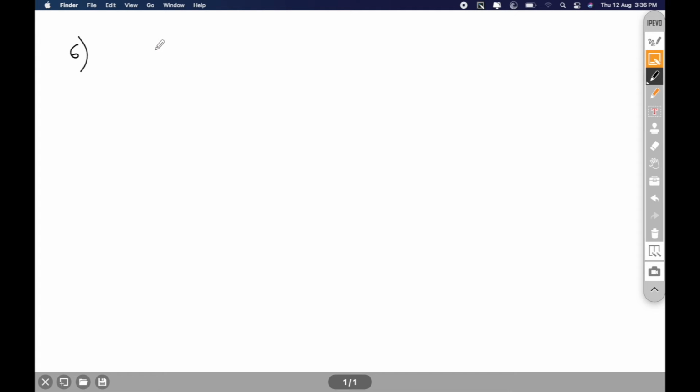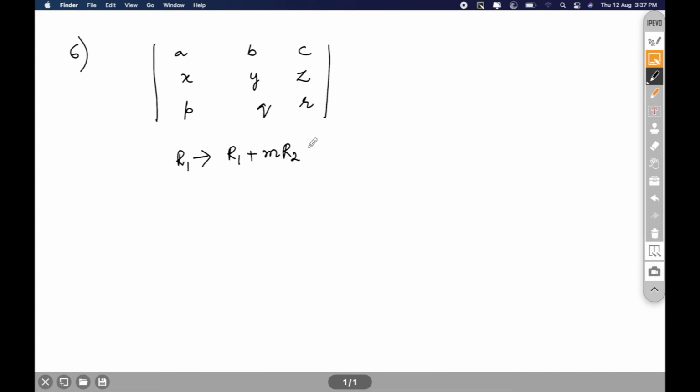So here if I have a determinant in this way, A, B, C, X, Y, Z, P, Q, R. Now I wish to change the elements of row 1 as row 1 plus m times of row 2 elements plus n times of row 3 elements.